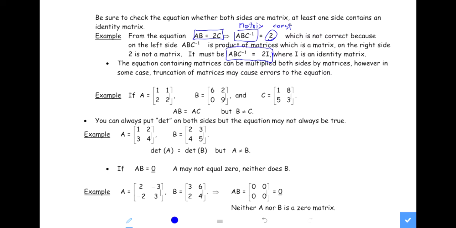You have to correct into 2I because I is a matrix, right? I is an identity matrix, and if you multiply it with 2, this will be 2 times I. This is a matrix, right? And the left hand side you have a matrix, so a matrix can be equal to a matrix. Okay, so you get it, right? This one, don't make a mistake. It's easy. Don't make a mistake.